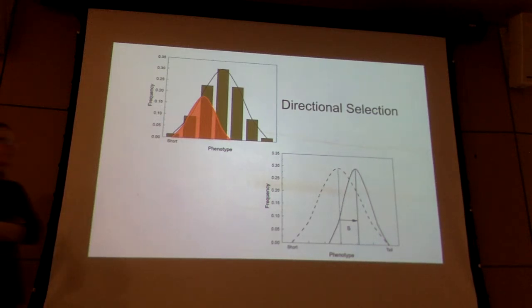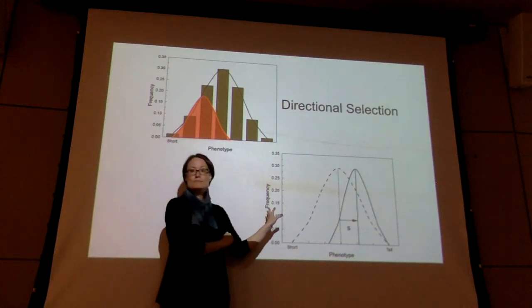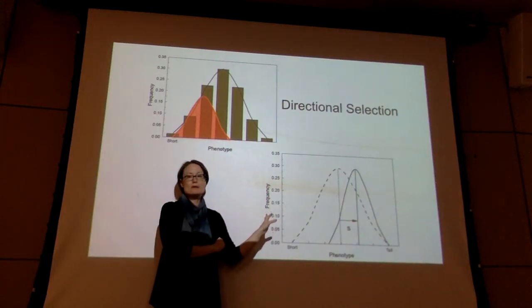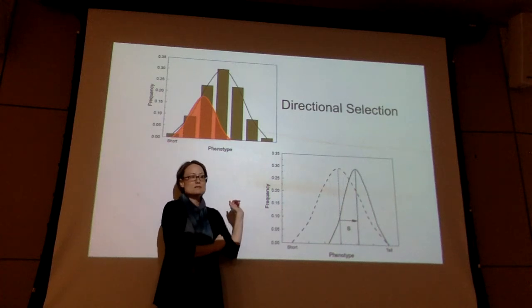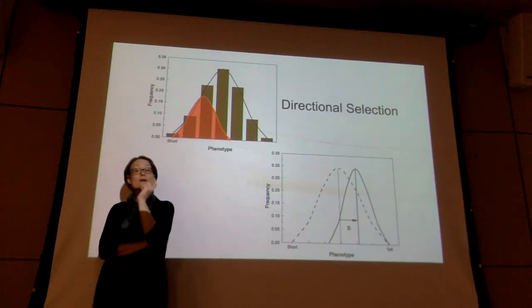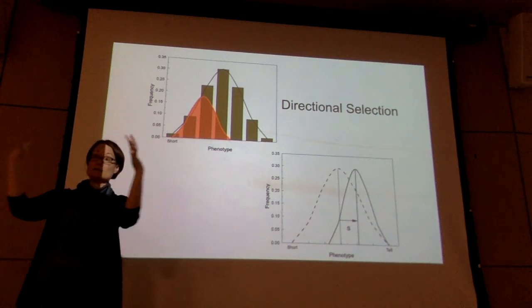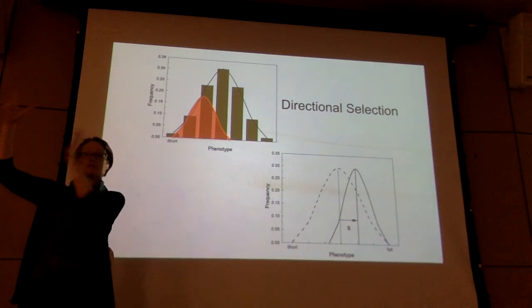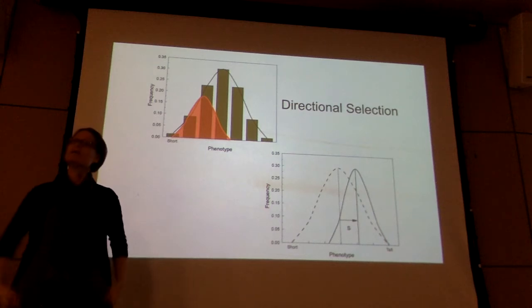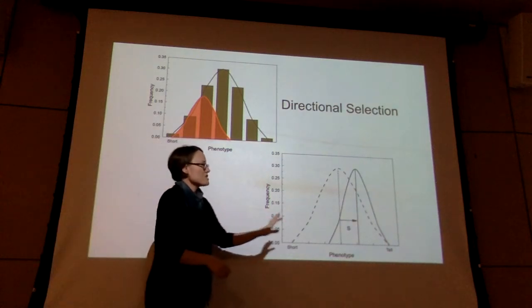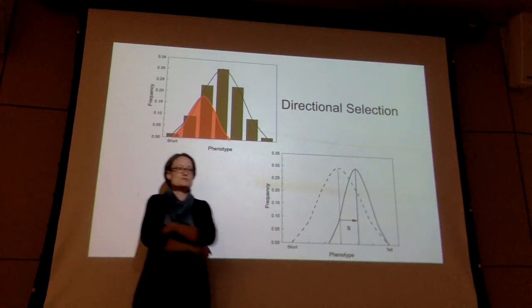Not necessarily, because these are frequencies, right? So it could be made up of only 10 individuals. You would still have a certain percentage in each case. So it probably is smaller from when we take those individuals out. If we actually removed them from the population, it would be smaller briefly. But that's not necessarily what's reflected in the change of shape.